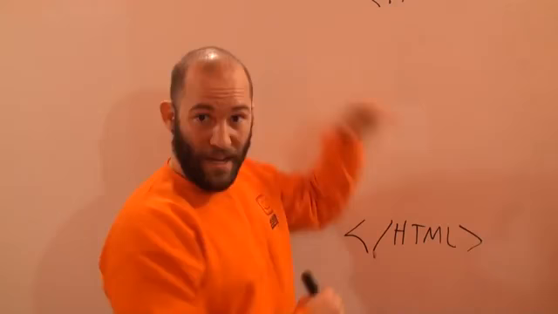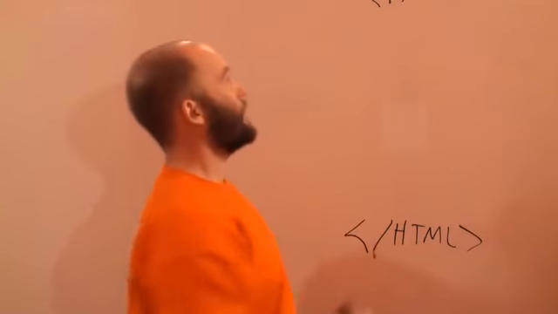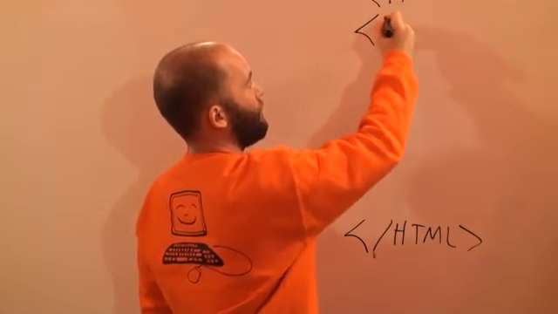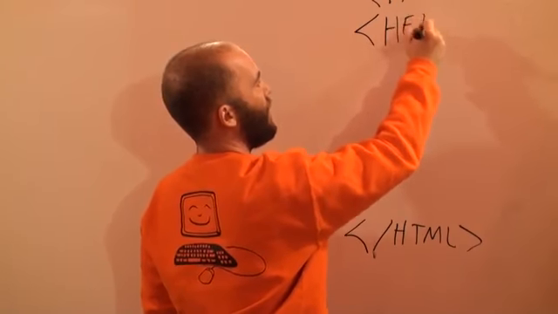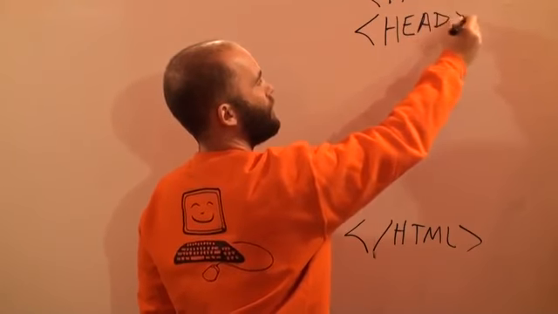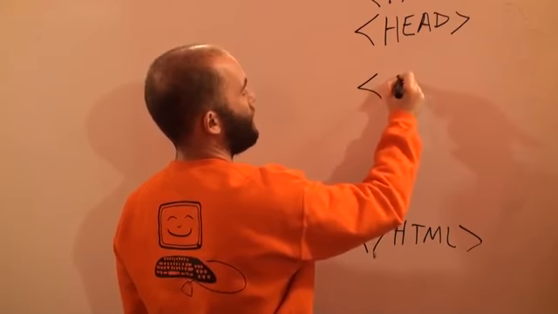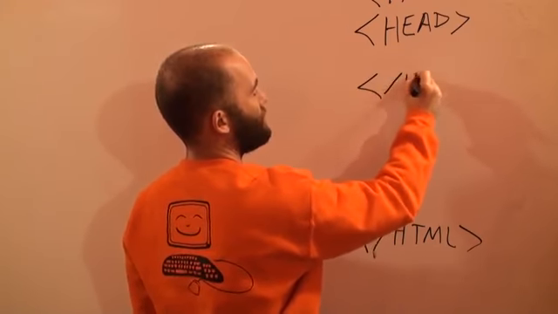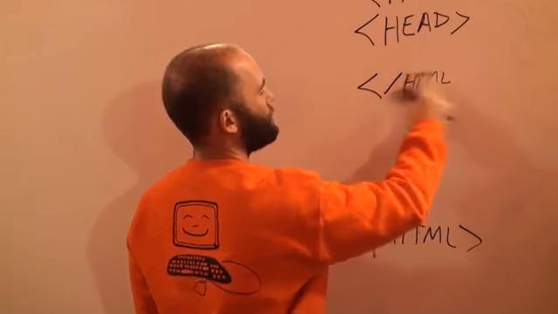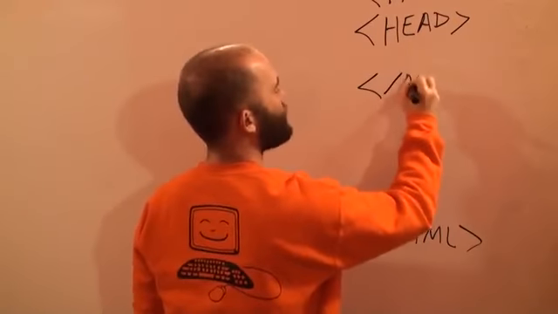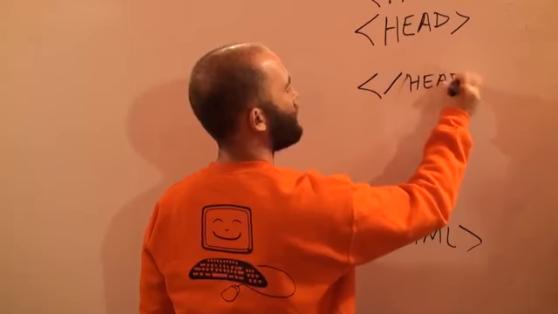Now, within the HTML web page, you have two parts. You have the head and the body. So we will open the head. So you have the little arrow, H-E-A-D. And then we'll have to give it a couple spaces. And then we'll close the head, backslash H-E-A-D.